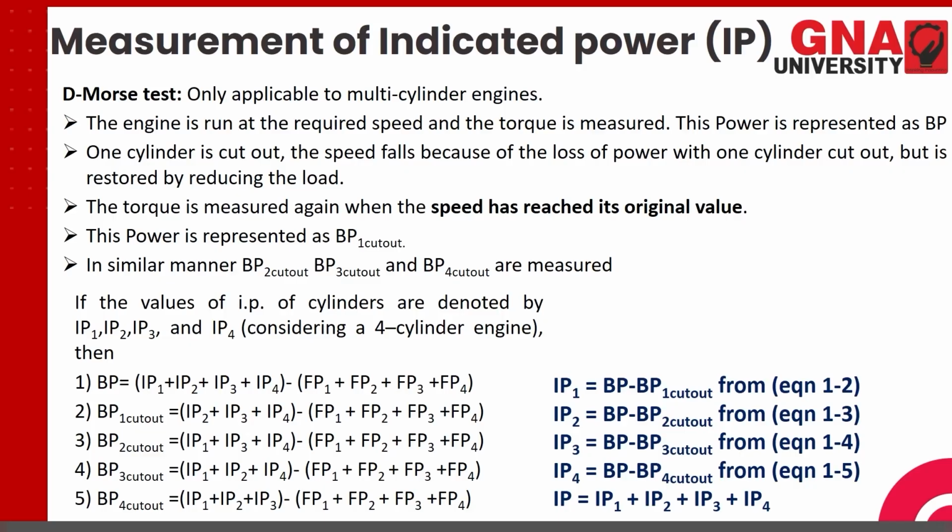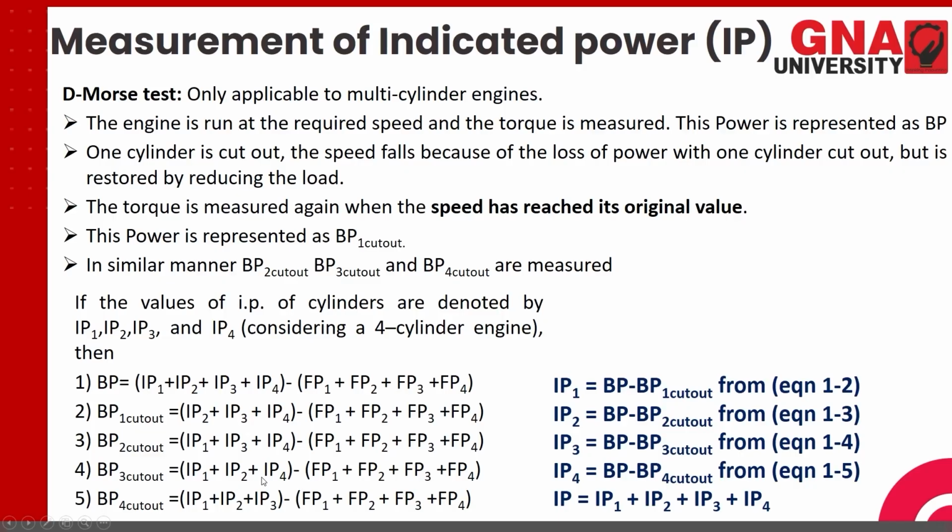Now, if the IPs of the 4 cylinders are denoted by IP1, IP2, IP3, IP4, BP will be given as the difference between all the IPs and all the FPs, so indicated power minus the friction power.